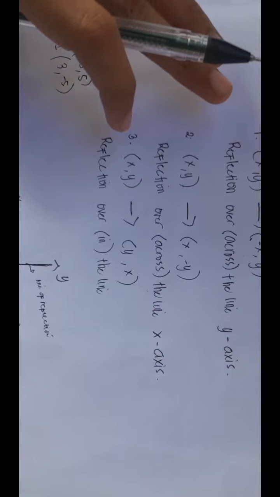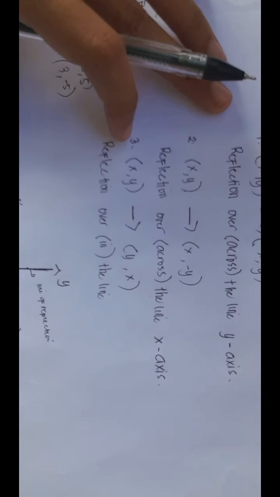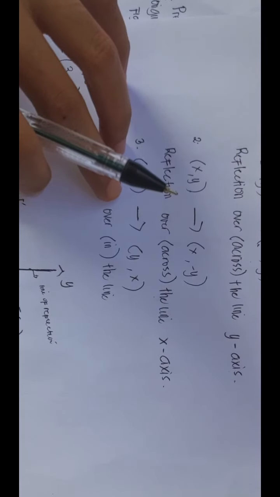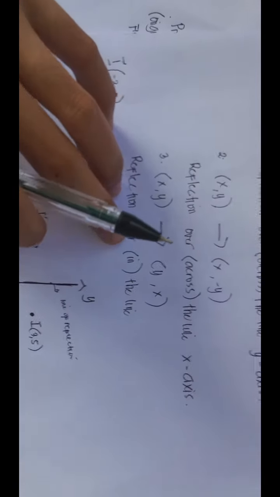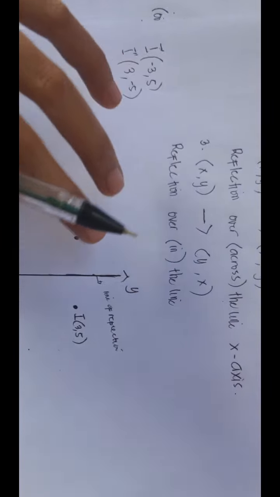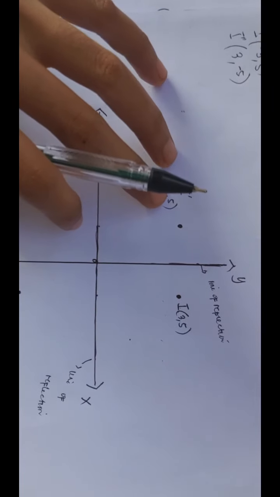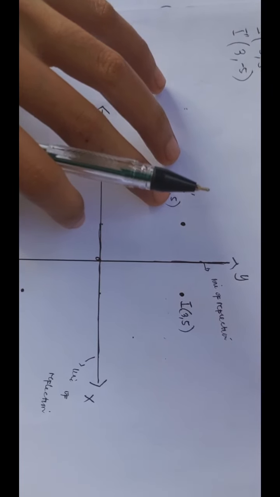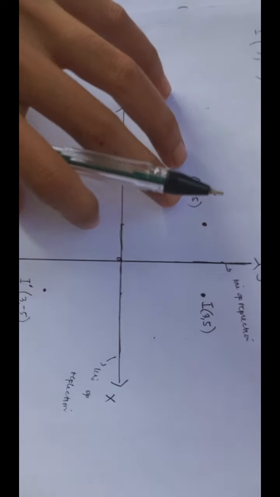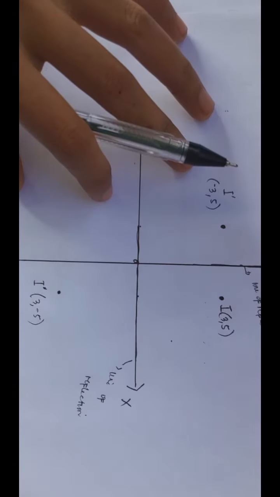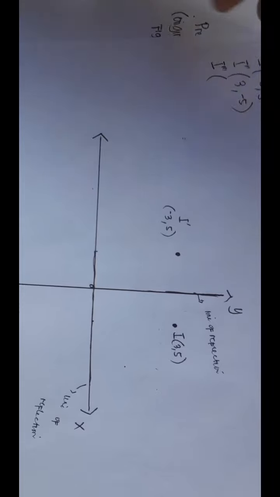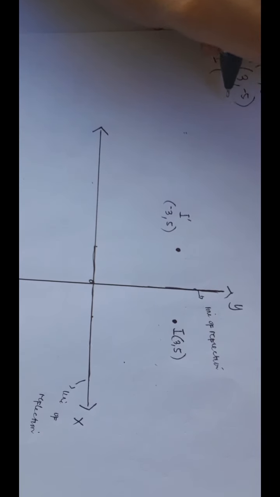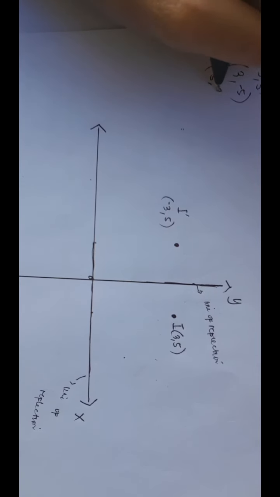Next is the third rule, which is (x, y) is mapped onto (y, x). As you can see, the x and y are just being switched or flipped, right? So using the point I with vertex (3, 5), it became (5, 3).